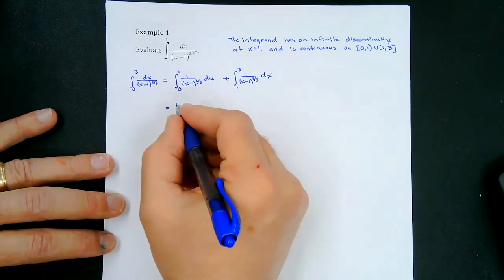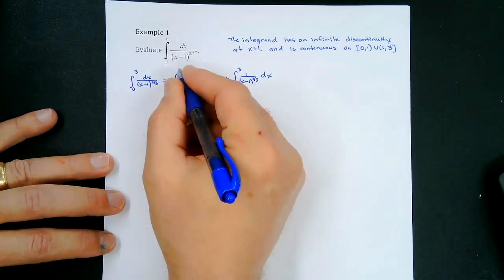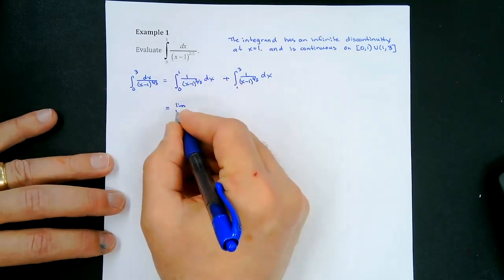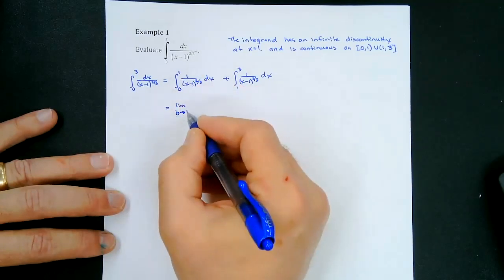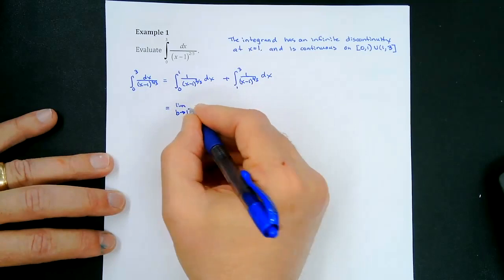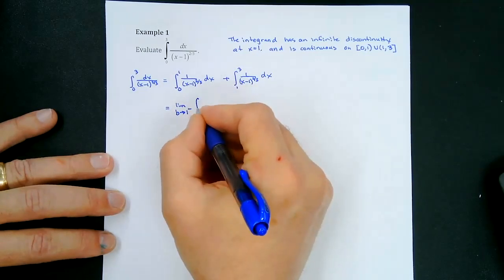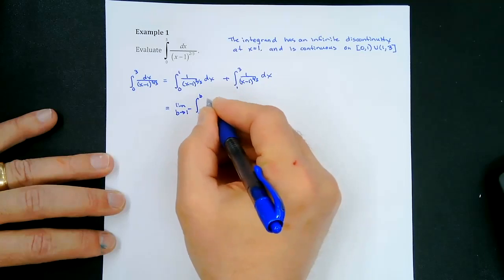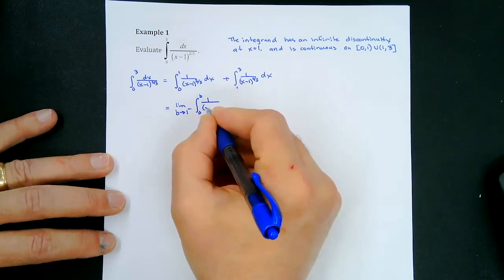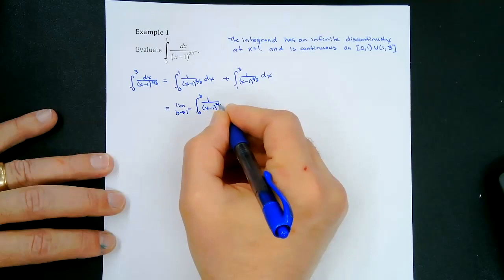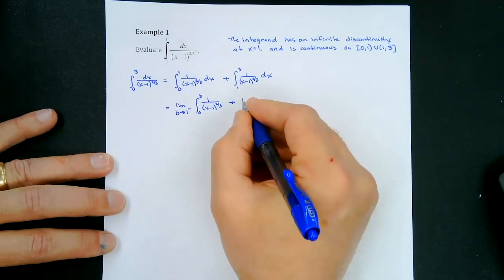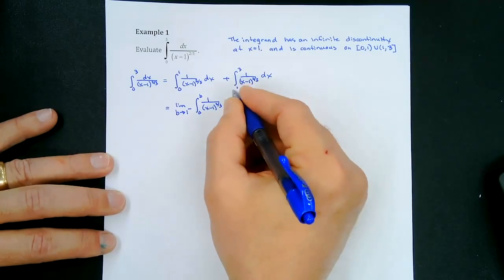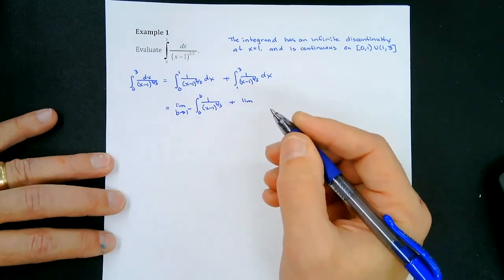So this is equal to the limit, as I'm going to call this upper limit b, as b approaches 1 from the left side, of the integral from 0 to b of 1 over x minus 1 to the 2/3 power, and then plus, so this time it's the lower limit where the infinite discontinuity occurs, we're going to add the limit as, and I'm going to call this one a. So I'm always going to call the lower limits a and the upper limits b.